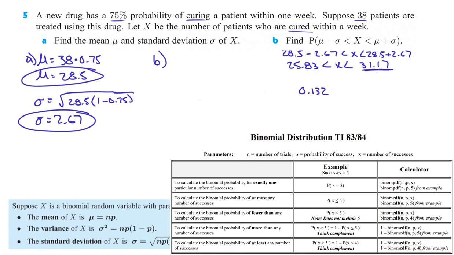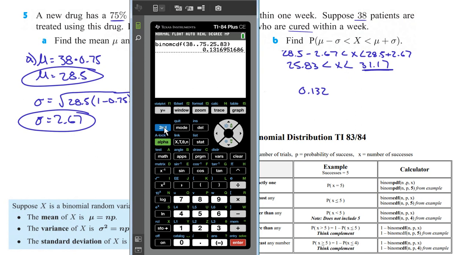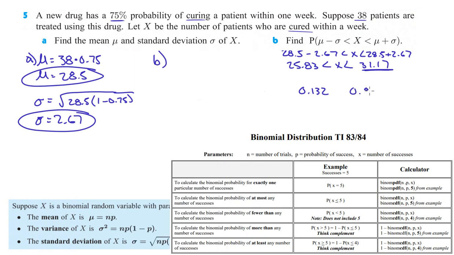But we actually want to know what the chances are of it being between these two. So then we go back in here, second, variables, binomial CDF, and then 38 trials, 0.75 probability of success, and then we'll do 31.17. So the chances of getting 31.17 or any number less than that is going to be 0.872, we'll call it.